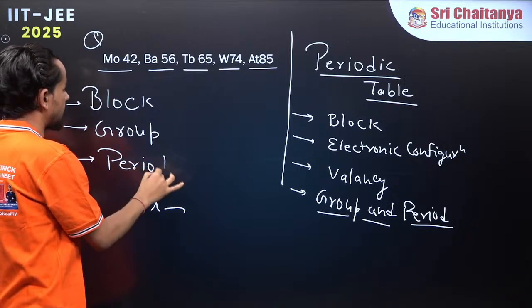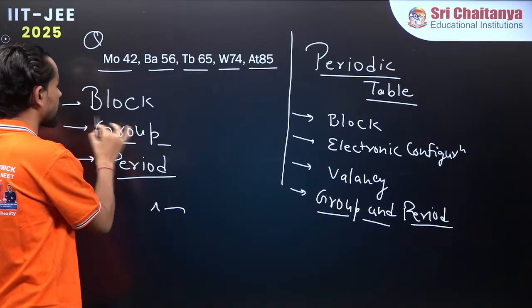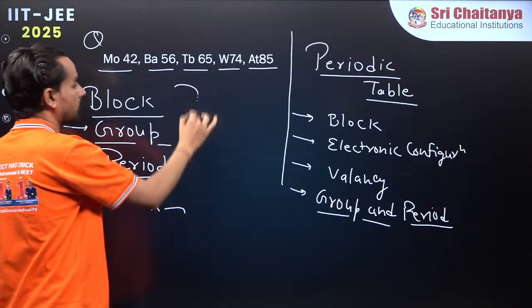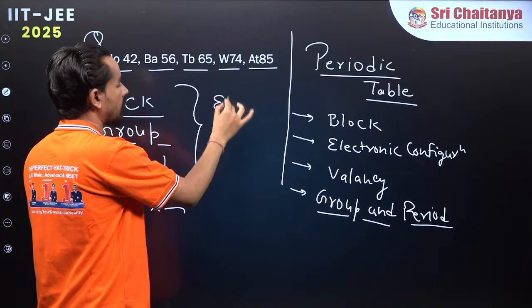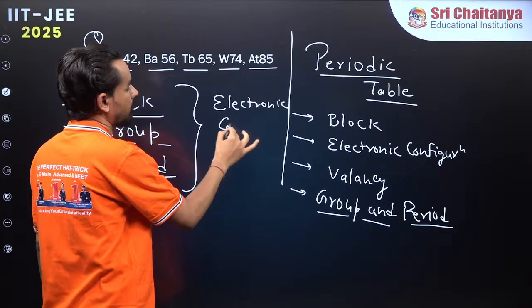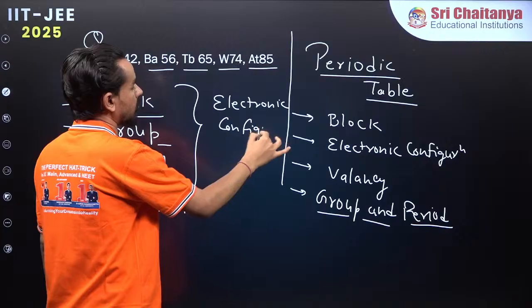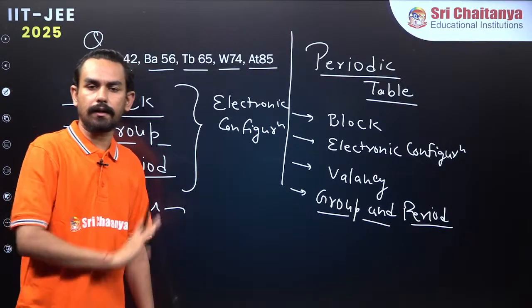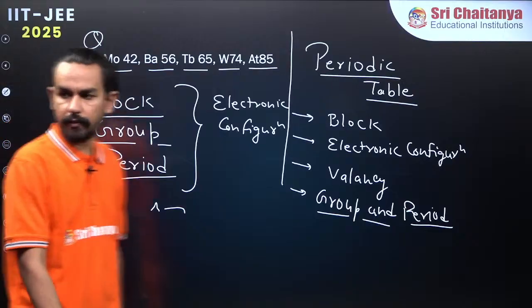All of this data you have to find out. For them the most necessary thing will be their electronic configuration, that you have to write first, and then determine what group and what period.